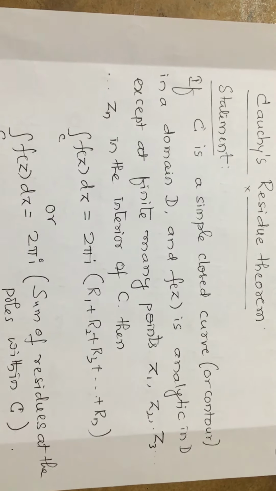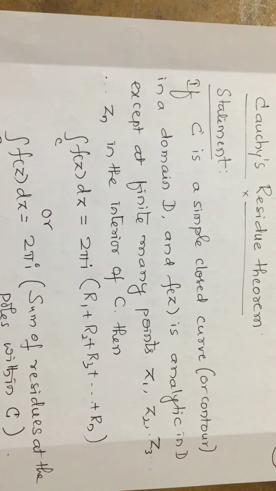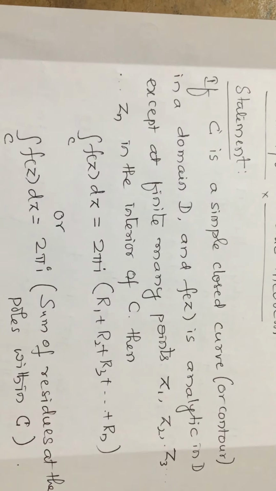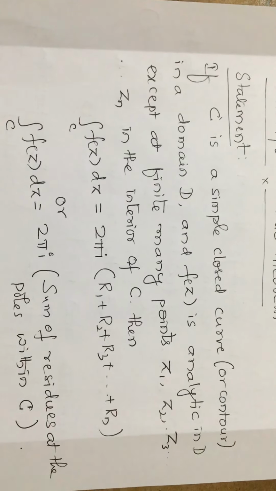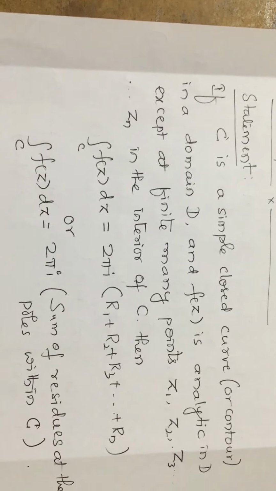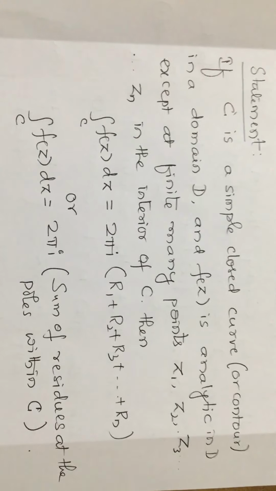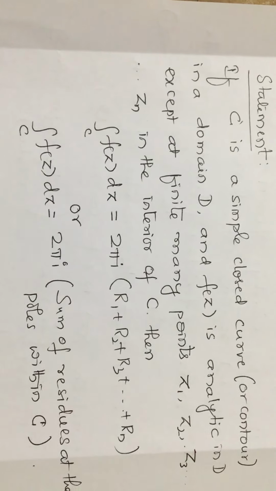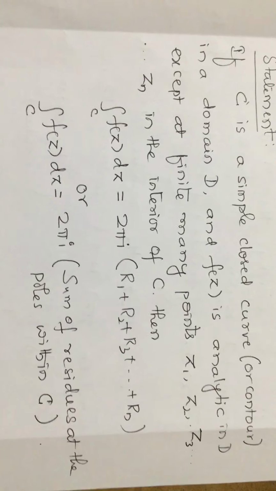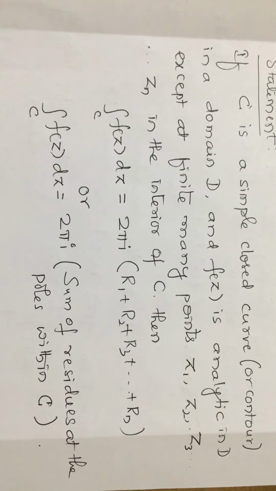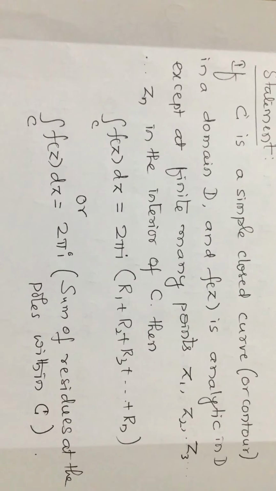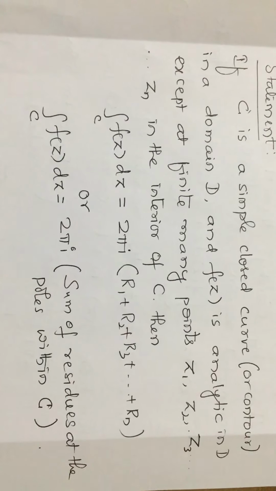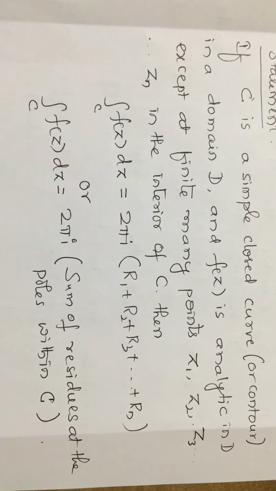The statement is: if C is a simple closed contour, or a curve in the domain D, and f(z) is an analytic function in D except at finitely many points z1, z2, z3, ..., zn in the interior of C, then the contour integral of f(z) dz is equal to 2 pi i times the sum of residues r1 + r2 + r3 + ... + rn.